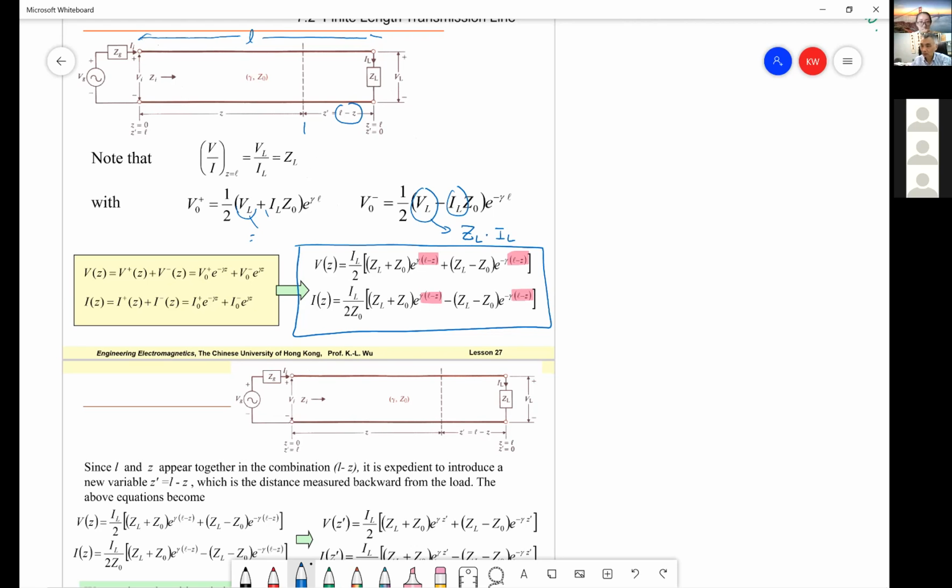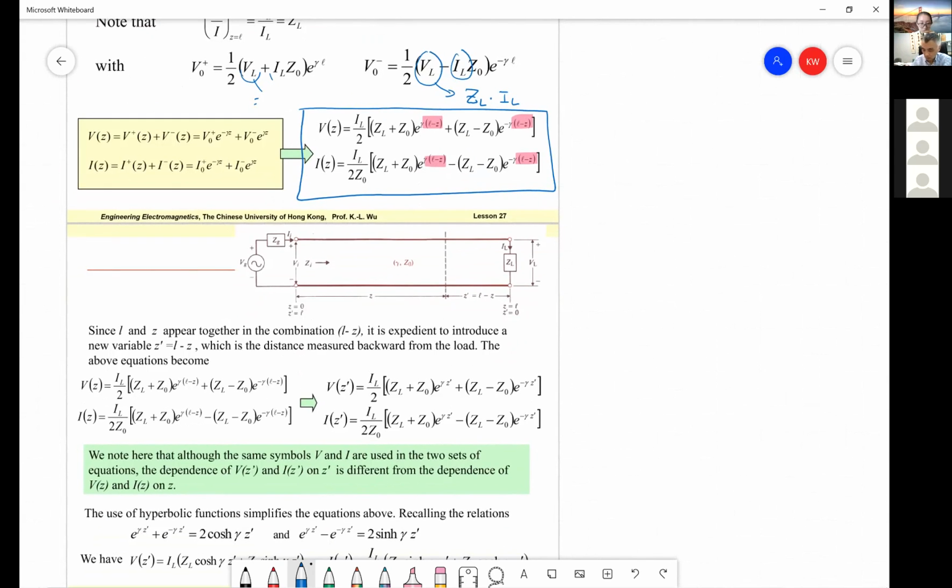Now let's do a simple variable replacement. I use z prime to replace L minus z. So the same equation, but I just use z prime.